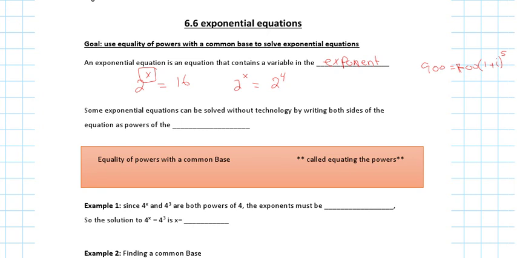So this is making sure that both sides have the same base. And if both sides have the same base, then the exponents are equal. Some exponential equations can be solved without technology by writing both sides of the equation as powers of the same base.